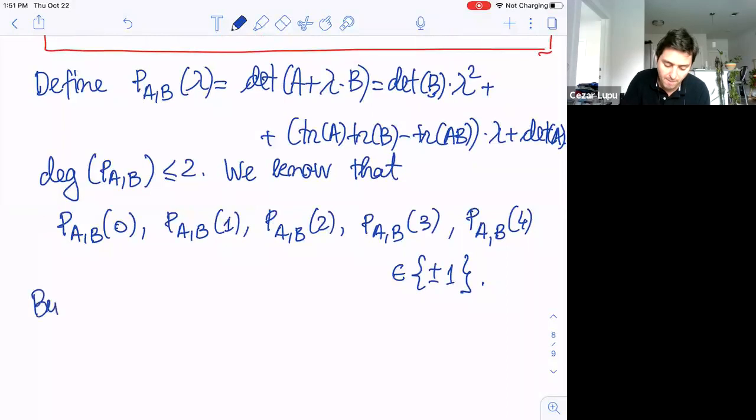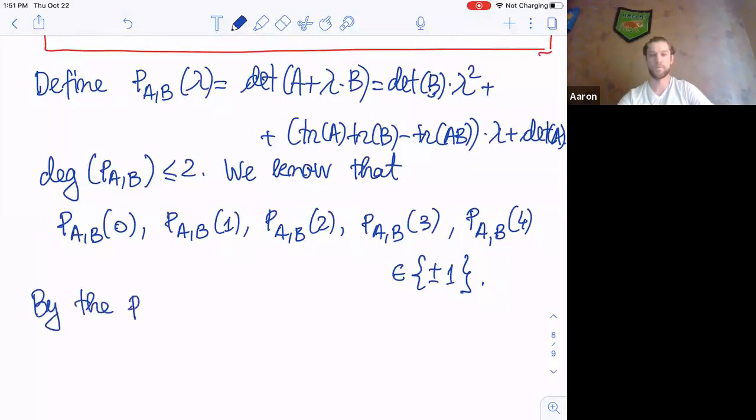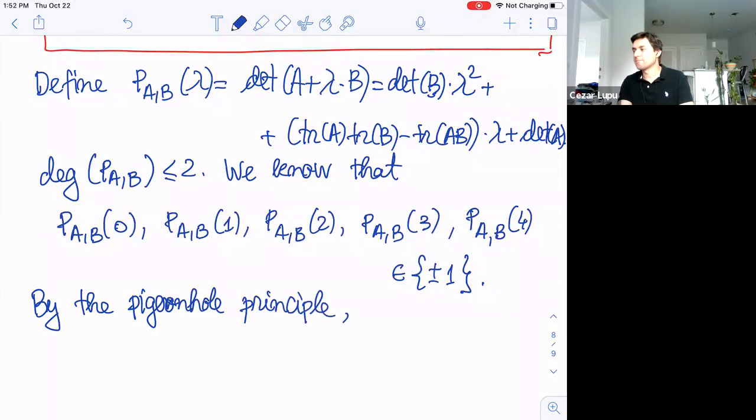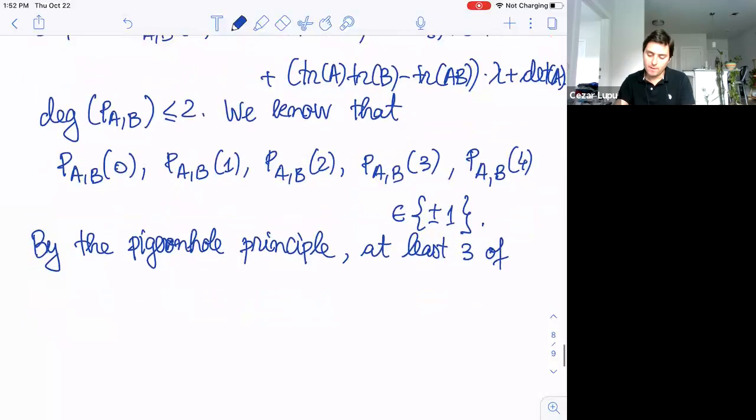By the pigeonhole principle, this is a very nice problem, at least three out of these 5 will have the same value.